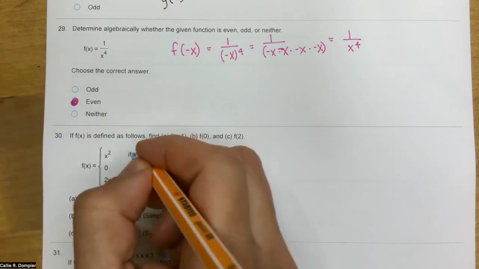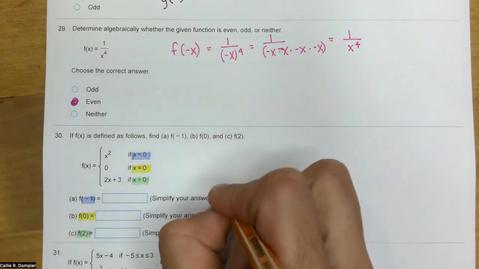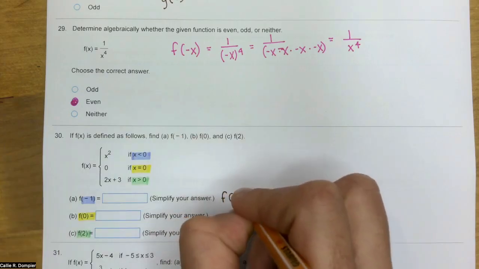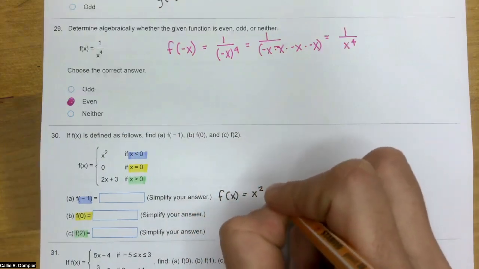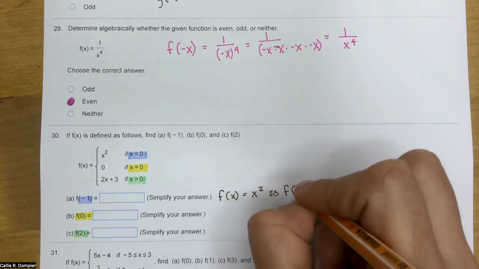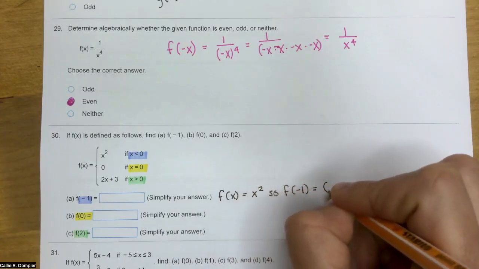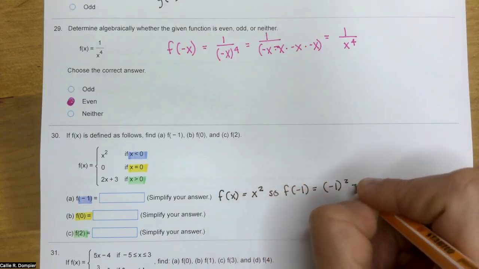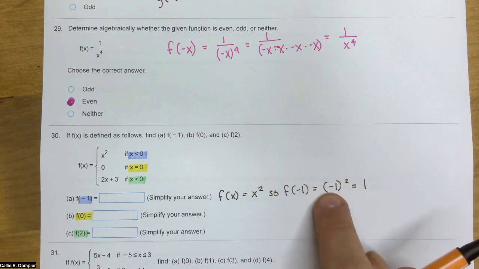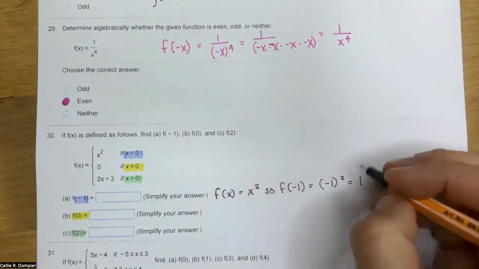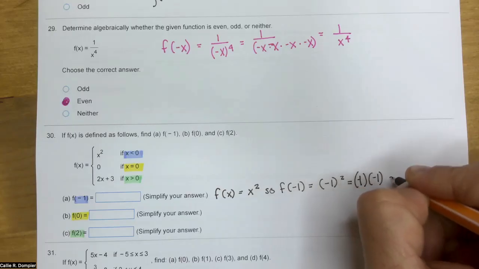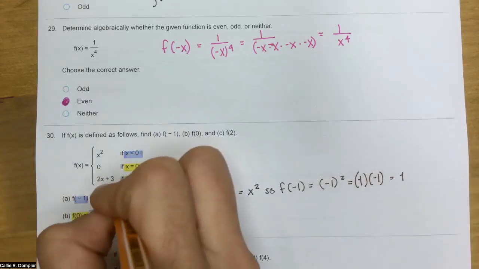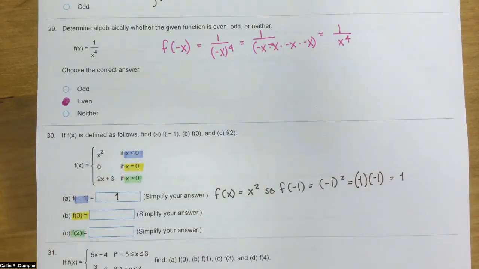So because it's less than 0, we're going to say f of x is equal to x squared. So f of negative 1 is equal to negative 1 squared, which is 1. Negative 1 squared is negative 1 times negative 1, which is 1. f of negative 1 is 1.